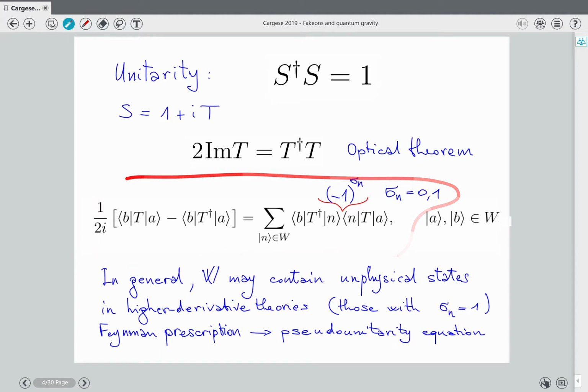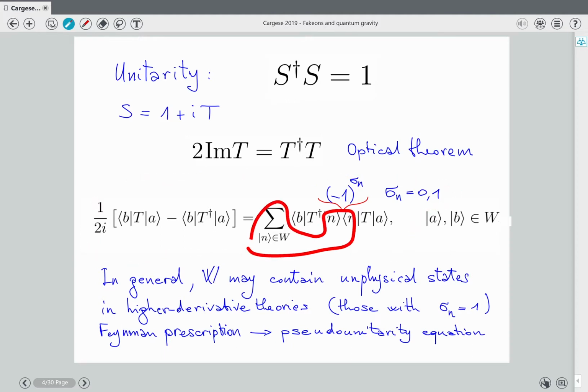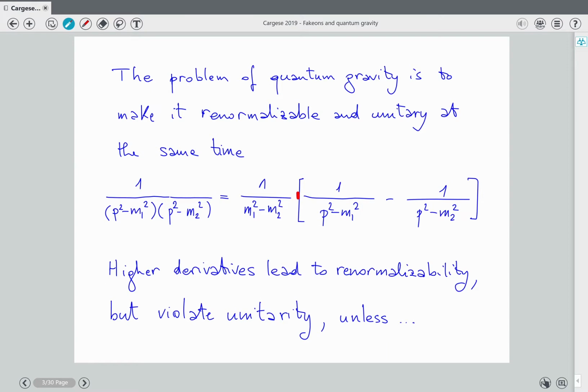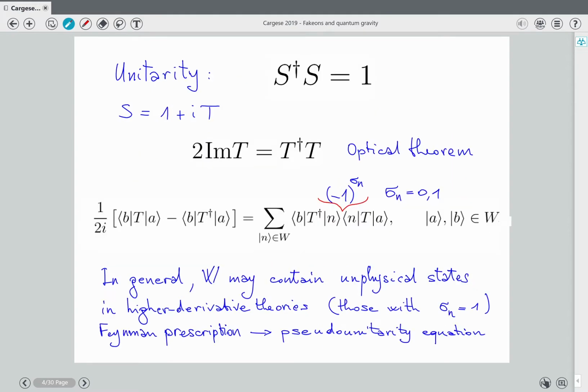But instead of having a standard completeness relation here, we have some states with a minus sign and some other states with a plus sign. So you can have a plus or a minus. And that is wrong. That is a non-unitary theory. What to do?